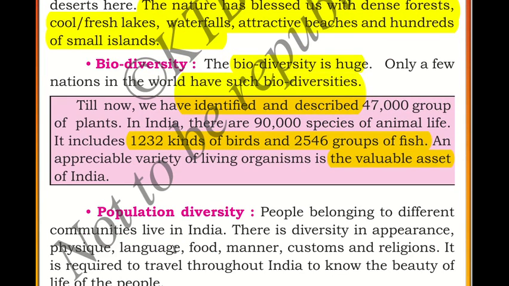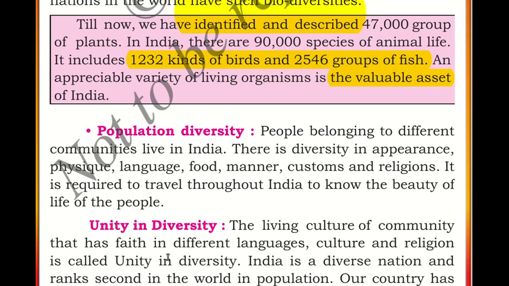Next, population diversity. People belonging to different communities in India have diversity in appearance, physique, language, food, manner, customs, and religions. It is required to travel throughout India to know the beauty of the people and the beauty of the life of the people.